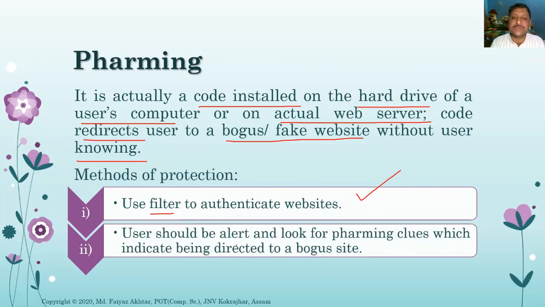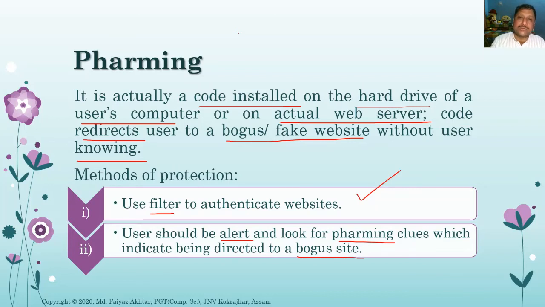Next, users should be alert and look for pharming clues which indicate being directed to a bogus website. Users are required to be alert and look for pharming clues. The simple way to check whether it is a pharming attack or not: the website name must start with HTTPS and there is a padlock sign.